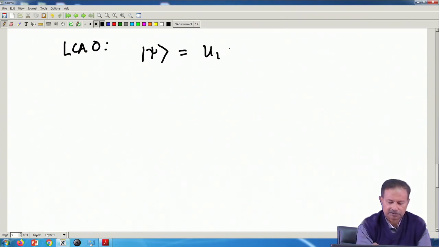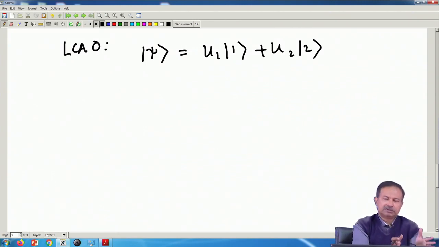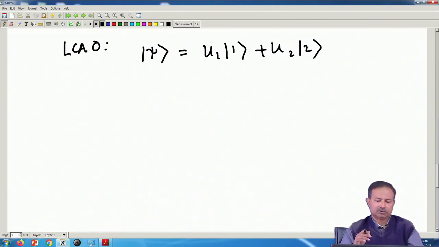So, let us write it as u1 φ1 plus u2 φ2, where φ1 and φ2 are the eigenstates of the original atomic wave functions.